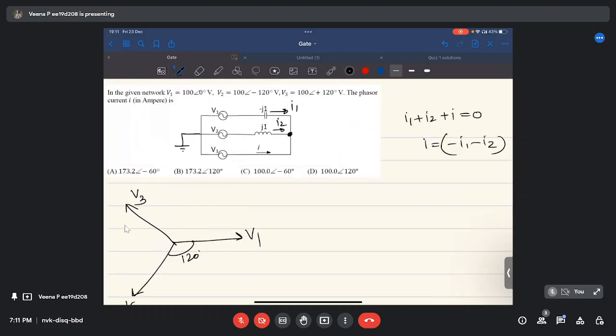Now we see I2. Let this be point A and point B. So I2 is the voltage across AB divided by j1. Now what is the voltage across AB? If this point is grounded, the potential A is same as V2 and the potential B is same as V3. Is that clear?